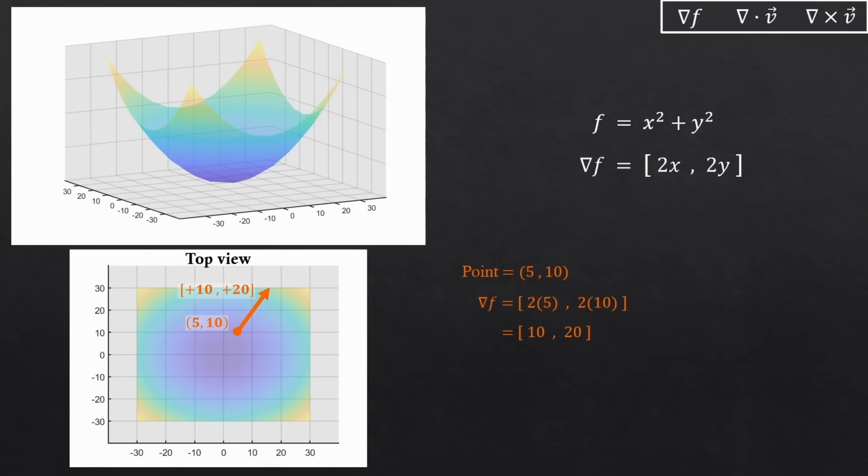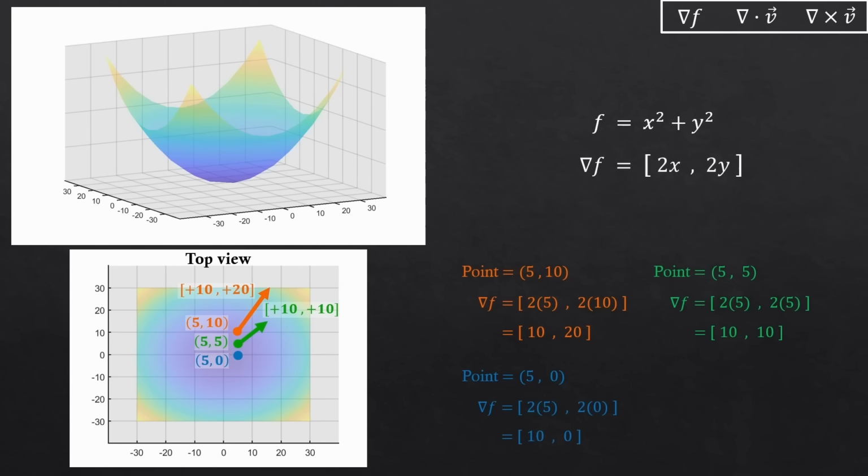Let's look at another random point, 5, 5. At this point, we obtain this vector, telling us to move 10 units to the right and 10 units up. Let's look at another one. It seems the vectors are heading outward from the pit.